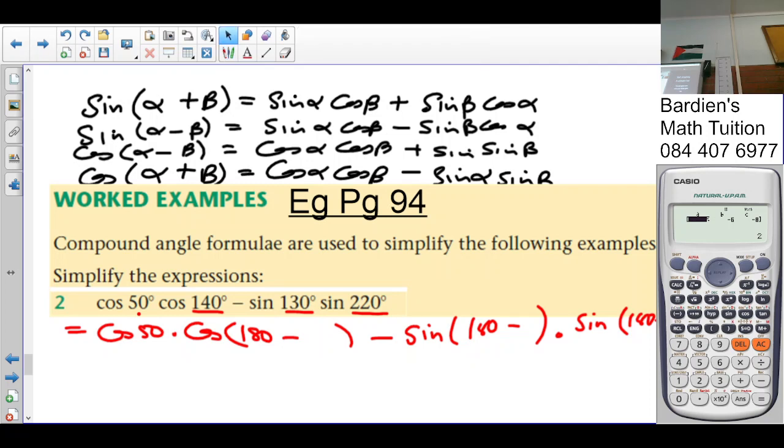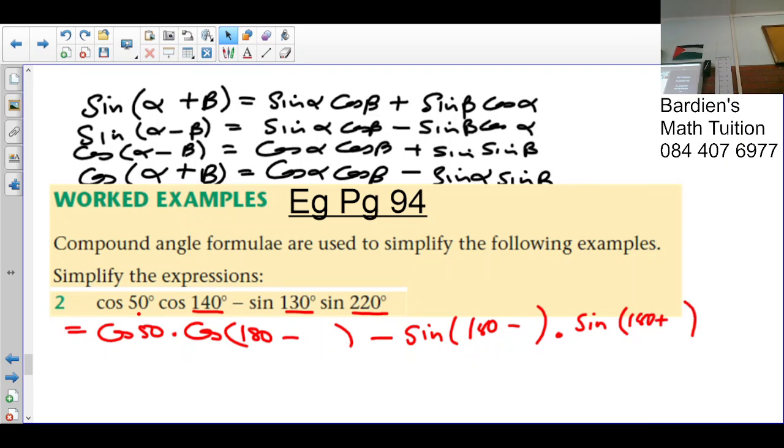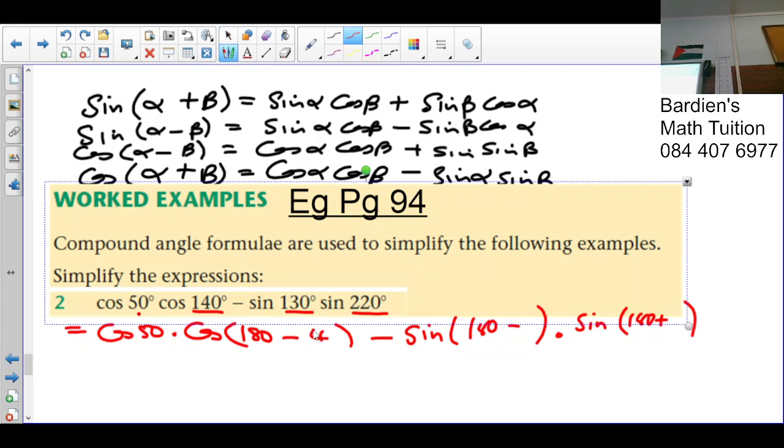I'm going to drop the calculator here at this point. Okay, so it's 180 minus what? 40. 180 minus 50. 180 plus 40.